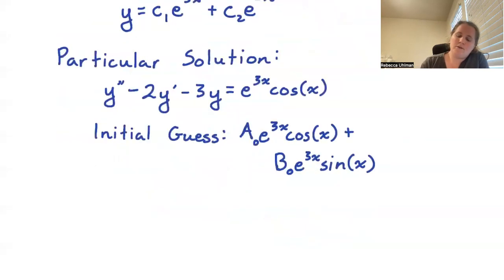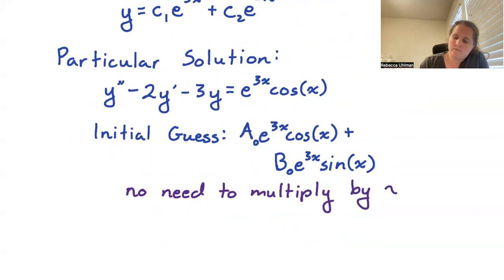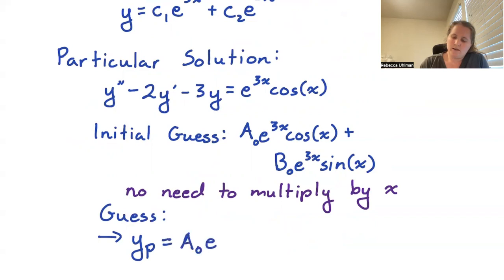As we saw, there is no need to multiply by x. And so we can pick our yp. Our guess that we'll wind up with is just yp equals a naught e to the 3x cosine of x plus b naught e to the 3x sine of x.